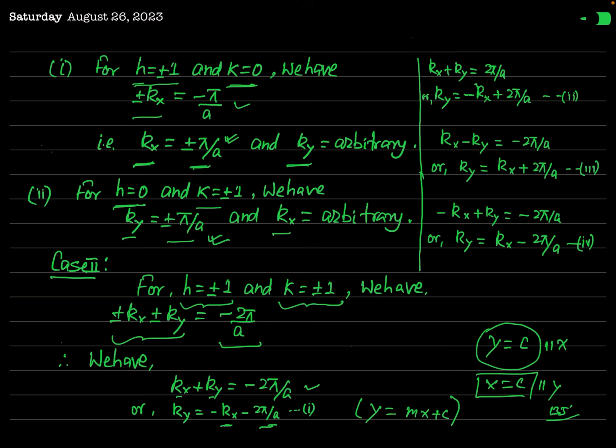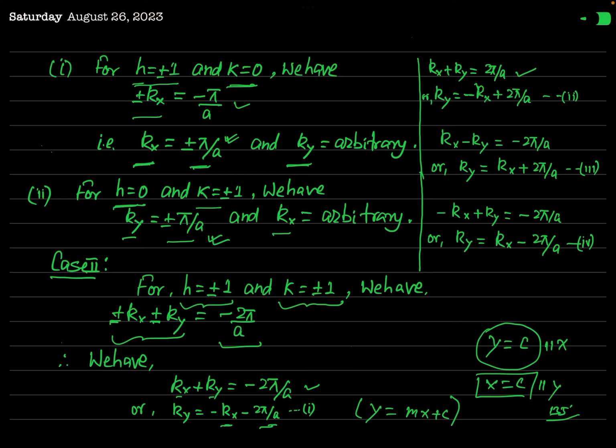Now take both negative signs in the LHS. So this will be minus kappa x minus kappa y equal to minus 2 pi by a. So the minus on both sides will cancel out, and your result will be kappa x plus kappa y equal to 2 pi by a.